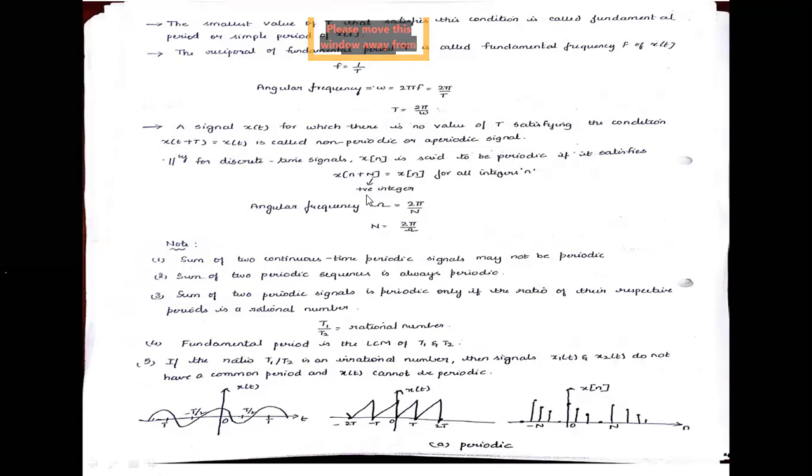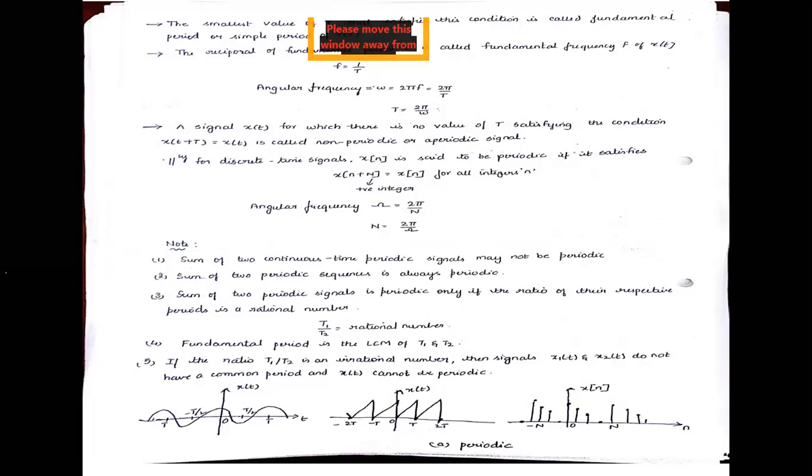What is capital N and what is capital T? To find the frequency or the angular frequency, you know the frequency is inversely proportional to the time period: f is equal to 1 by T. Multiplying both sides by 2 pi, 2 pi f is equal to 2 pi by T. What is 2 pi f?